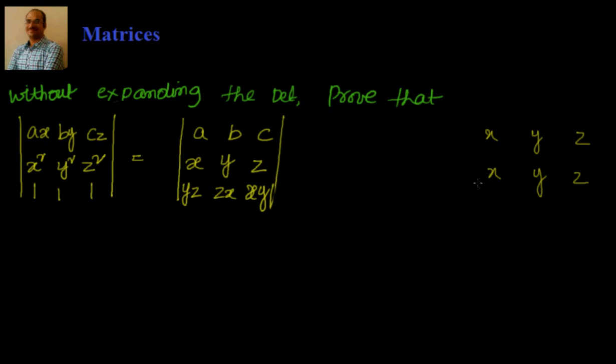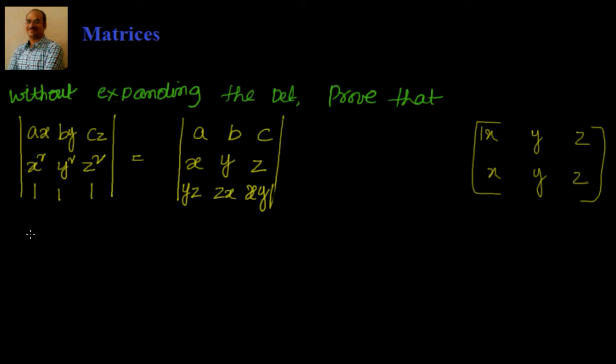I'm not sure about that, but I'm particularly sure about the first two rows, that if I divide the columns by x, y and z respectively, I should be able to get the first two rows, then I can manipulate the third row.